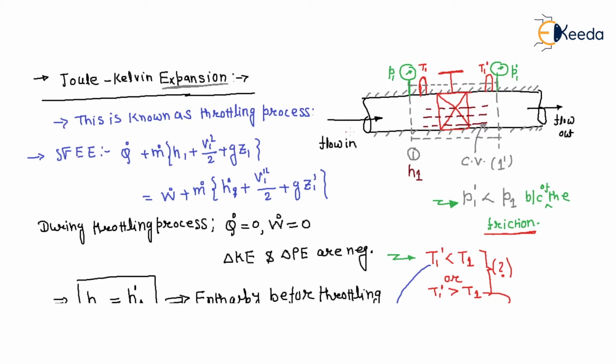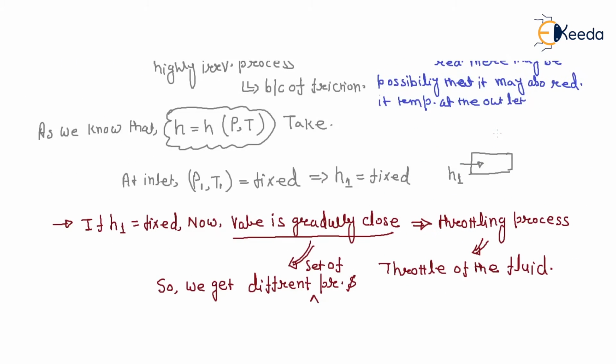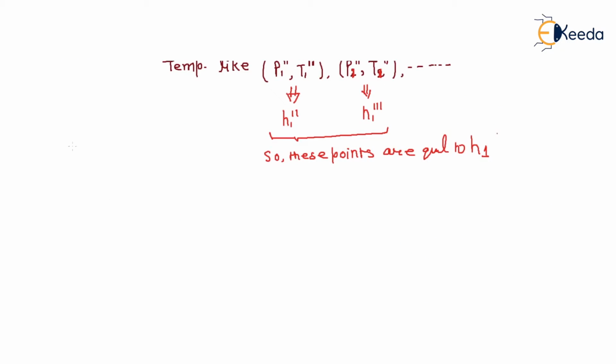Again the fluid is flowing, again a different condition of P1 and T1, and according to that, you regulate the valve. Again a different set of P2, P3 and T3 will be available. So if there is an H1 set, corresponding to that you have H1 dash, H1 double dash, like that.